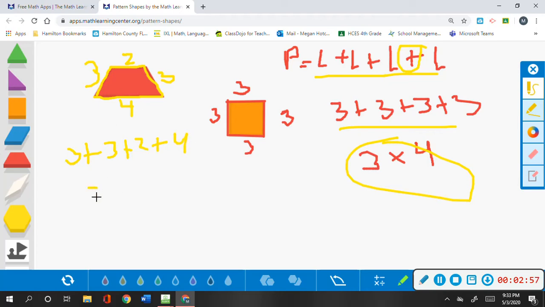And that would give us a perimeter of P equals, at 6, 7, 8, 9, 10, 11, 12. So for perimeter, we use addition. We add the outside lengths together.